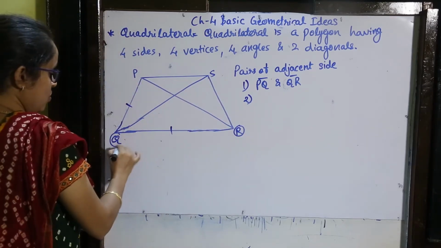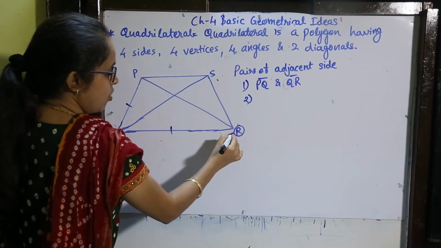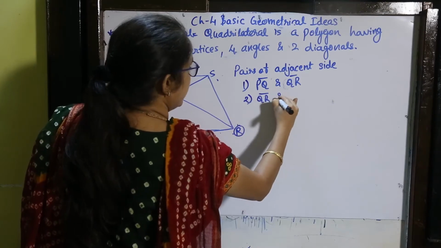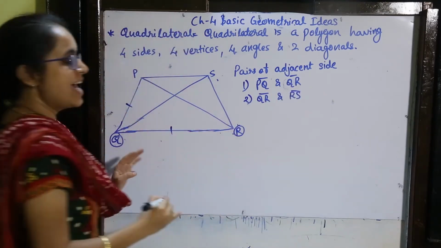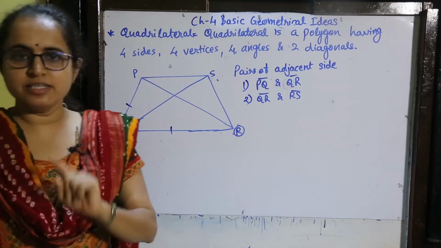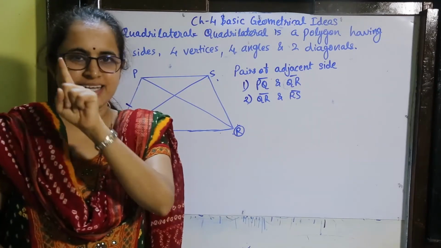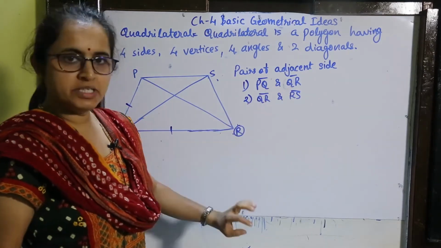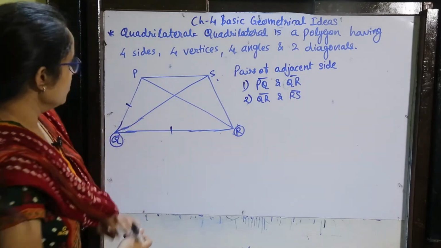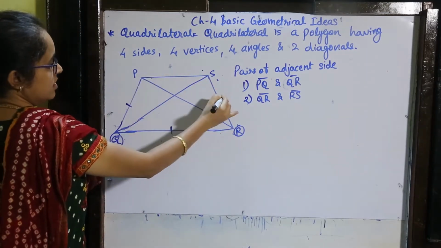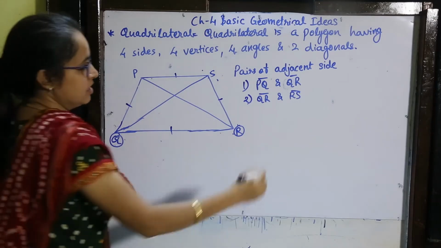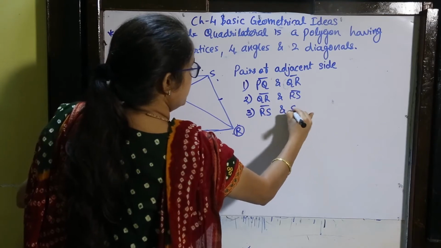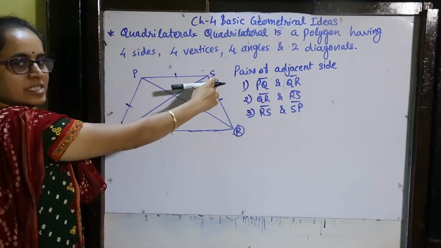It means that in QR and RS there is one common vertex, R. So QR and RS are known as adjacent sides. Again I say, in adjacent sides one vertex, that is one point, is common. So you can see here Q is common, here R is common. Now you go on to RS and SP. So third pair is RS and SP, having one common vertex, which is S.